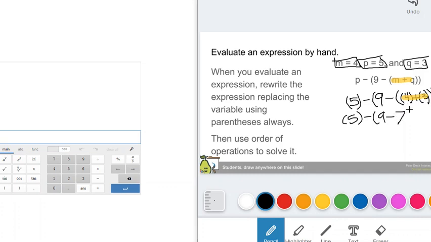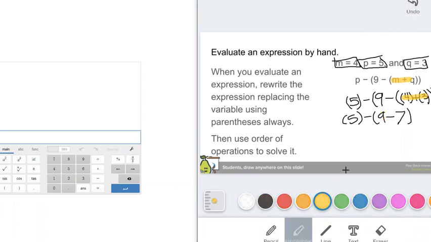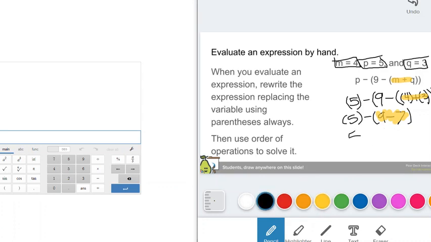And I close my parentheses. Also remembering order of operations, groups go first, so I'm going to do this group first. 9 minus 7, which is equal to 2. Everything else I copy. And 5 minus 2 is 3.